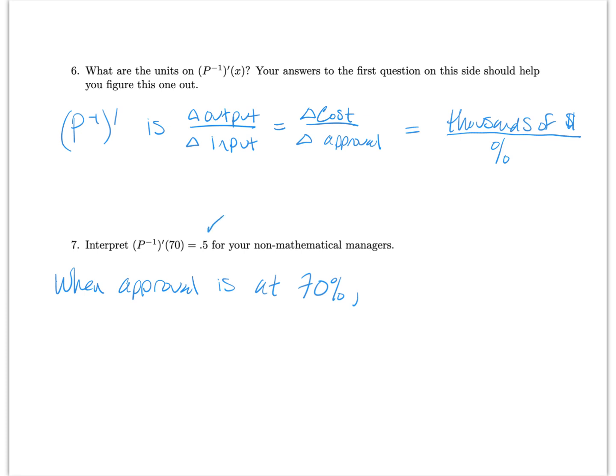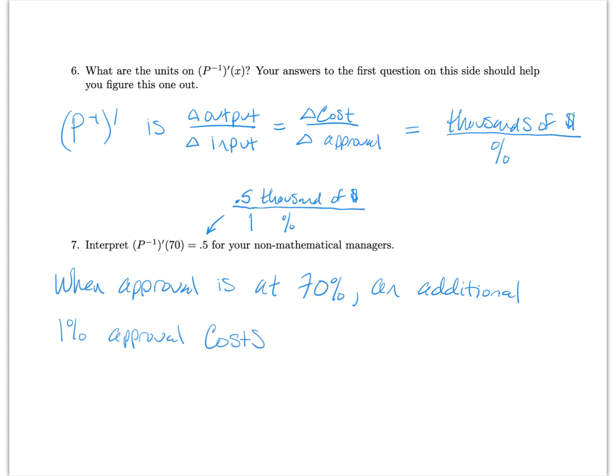We know that its units are thousands of dollars per 1%. So to get an additional 1% approval costs approximately half $1,000, which is $500.